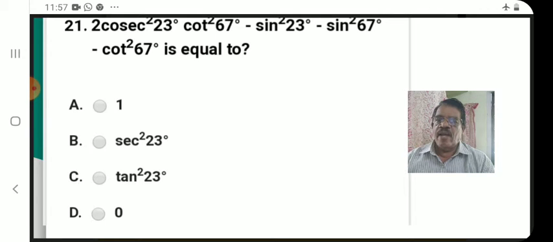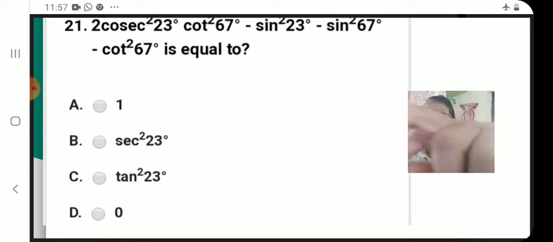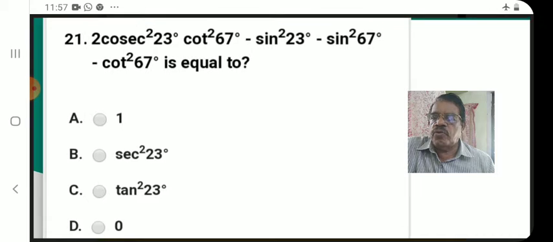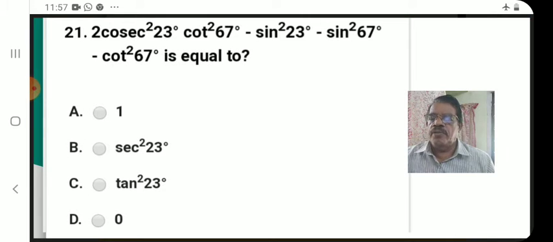So you look at the values. This is the 21st question. 2 cosec square 23 into cot square 67 minus sin square 23 minus sin square 67 minus cot square 67 is equal to 1, sec square 23, tan square 23, or 0. We cannot put the value of cos 23 or sin 23 or cot 23. We don't know the values.